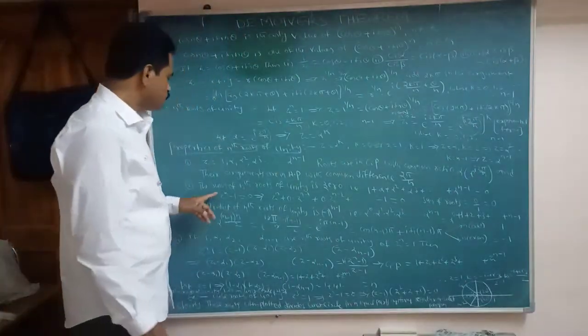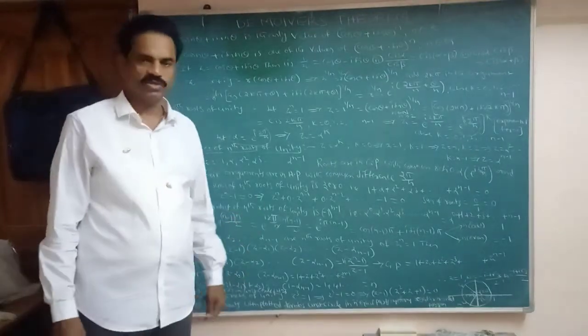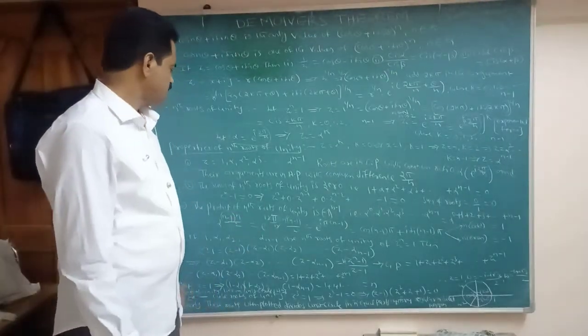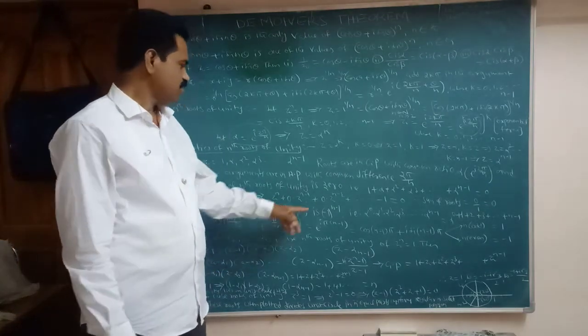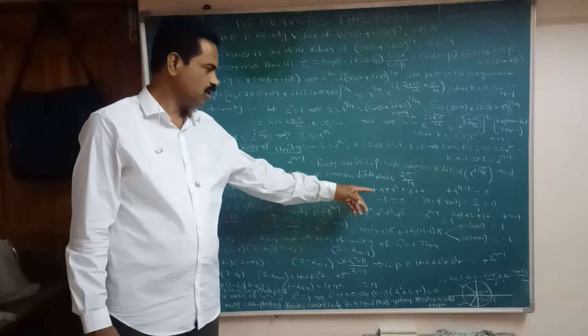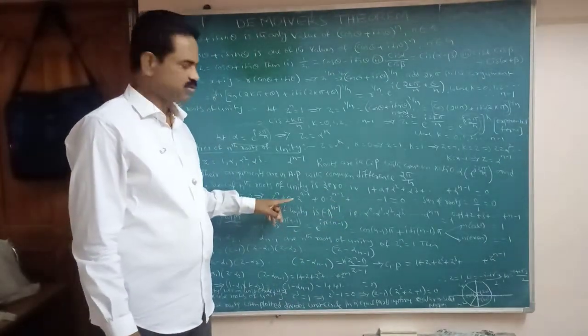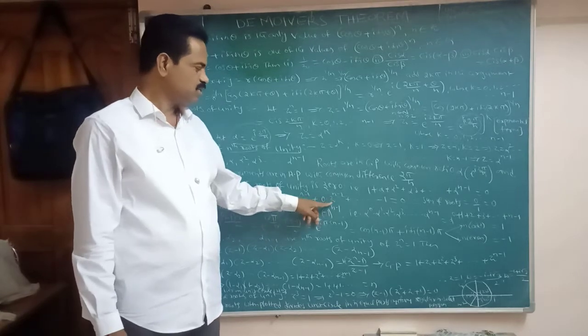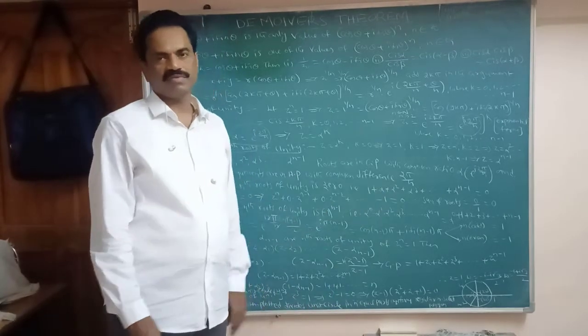See here, nth roots of unity, what is it? z power n equals 1, z power n minus 1 equals 0. By the expansion we can write this as z power n plus 0 into z power n minus 1 plus 0 into z power n minus 2, and so on, minus 1 equals 0. There is no z power n minus 1 term, so its coefficient is 0.